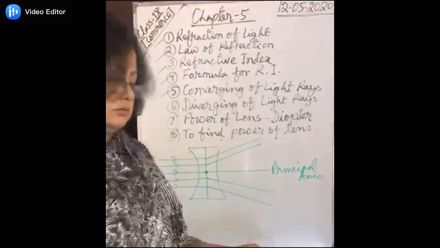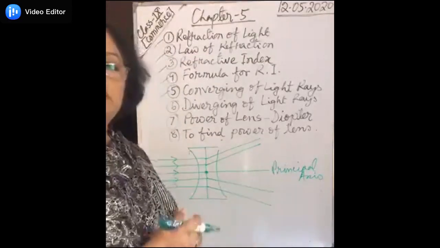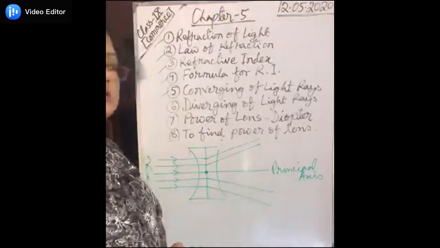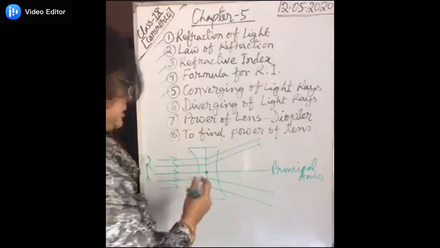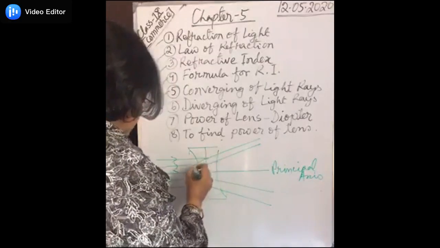So now how can we find the focal point and focal length? Is it possible? They are not meeting at a point. Yes, there is a way. If we draw the lines backward, they will all meet at a point.